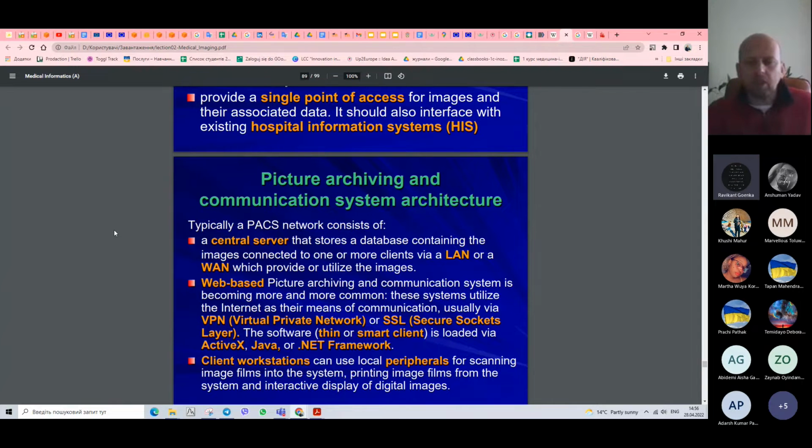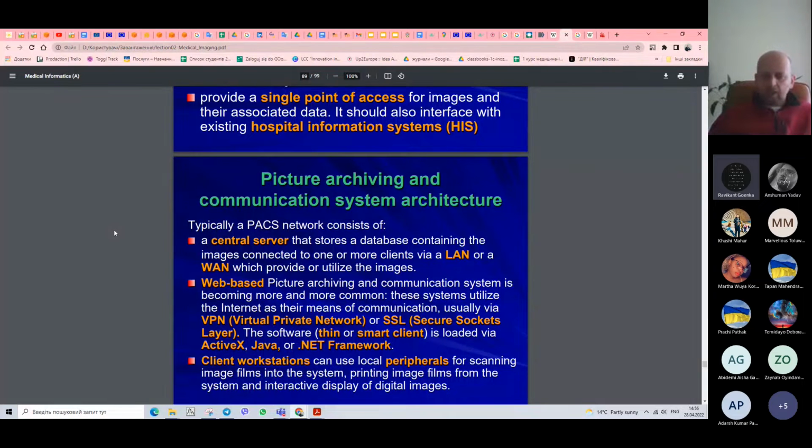Web-based PACS is becoming more and more common. This system utilizes the internet as its means of communication, usually via a virtual private network or secure sockets layer, as software, thin or smart clients. Smart clients are loaded via ActiveX or Java .NET framework.